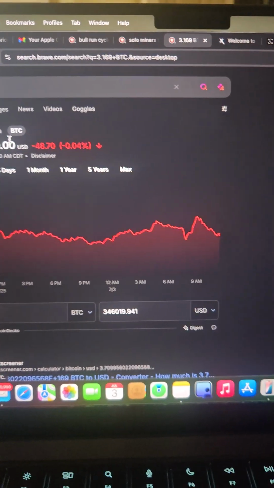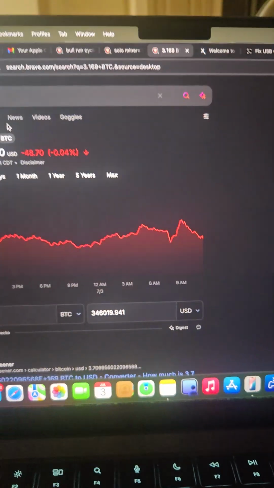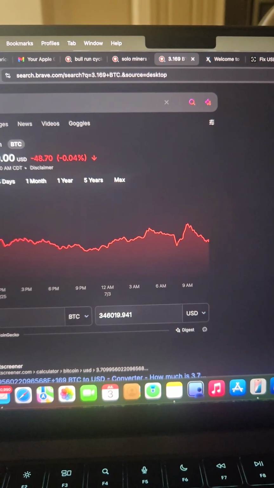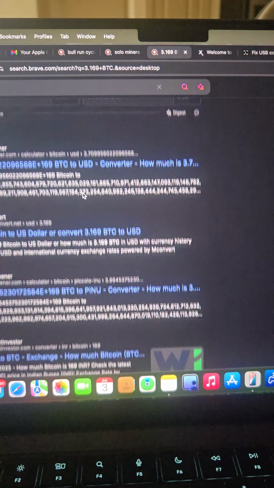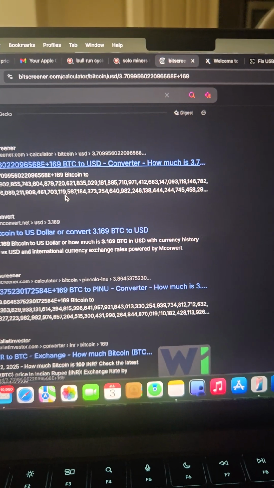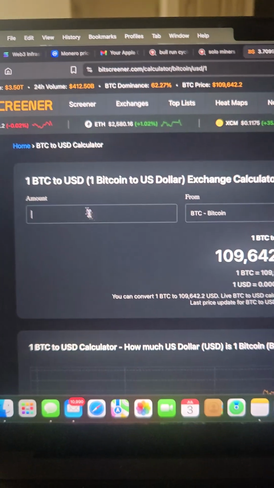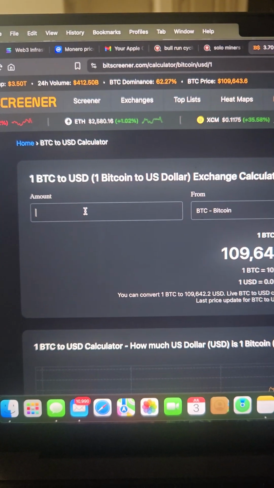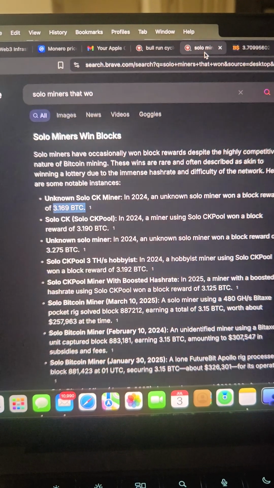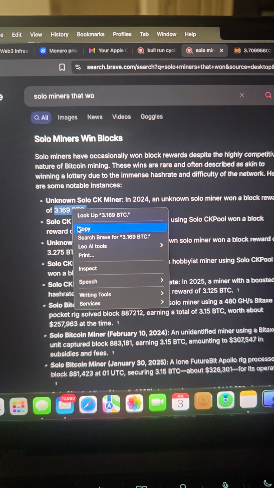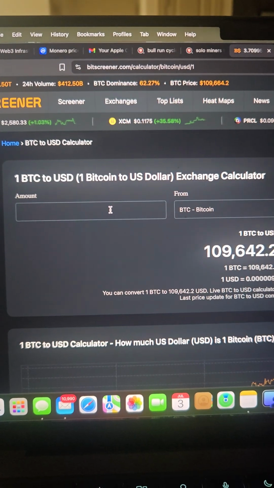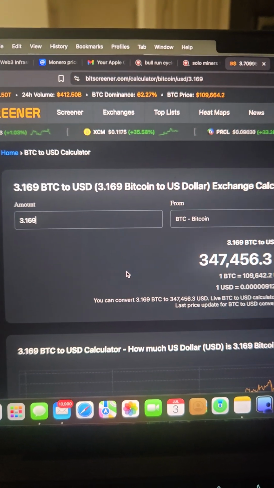Okay, look. The equivalent of 3.169 BTC would be, let's just use a converter and see what it gives us. Copy, convert, paste.